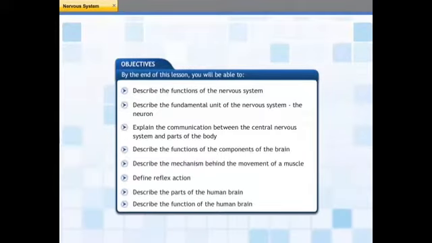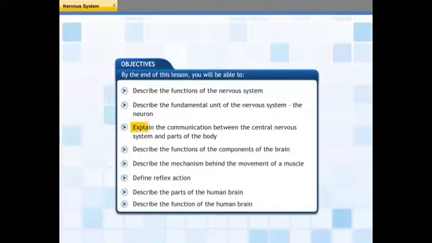By the end of this chapter, what will we be able to understand? We will understand the functions of the nervous system, the fundamental unit of the nervous system, that is the neuron, and how the communication of the body takes place, dealing with the CNS, the central nervous system, and various body parts.